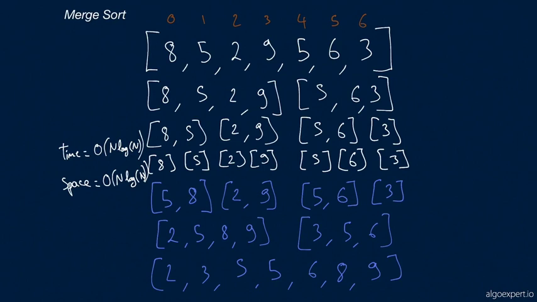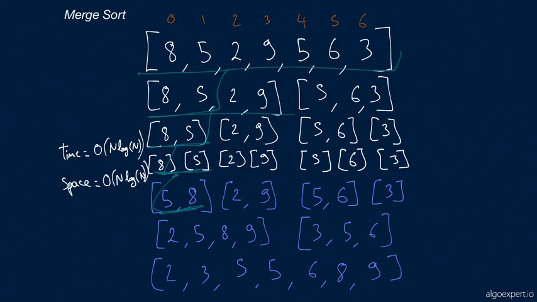Now, you could argue that because this is a recursive algorithm, at any given time, you have a bit less space, right? You call merge sort on this array. It's going to go down to this subarray, then to these two subarrays, and it's going to merge them into here.